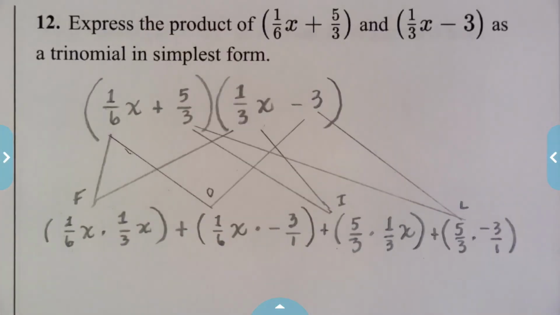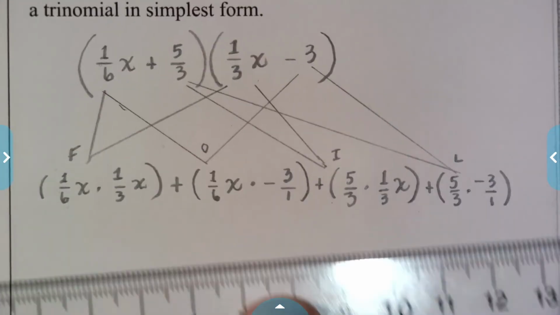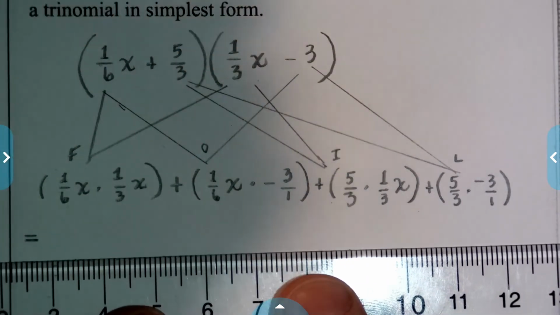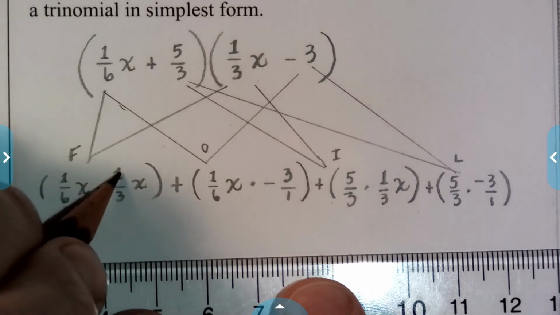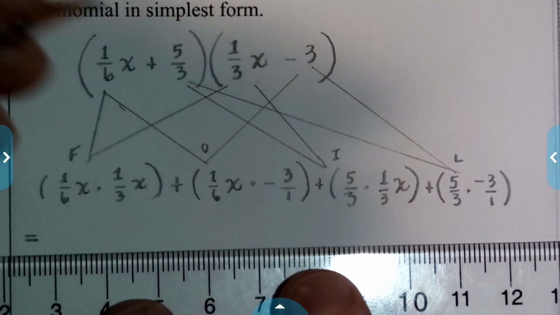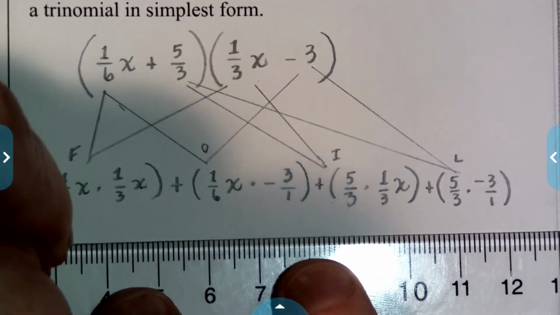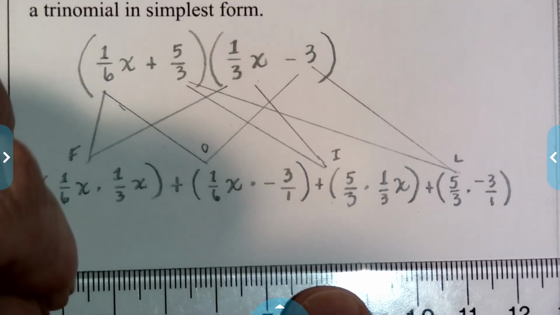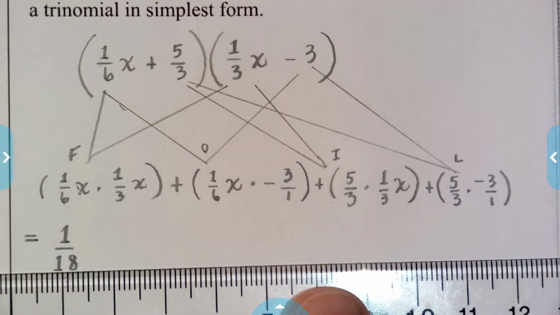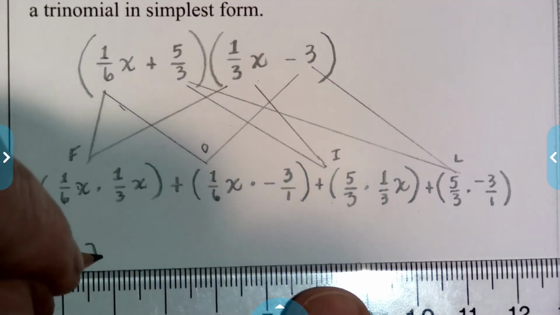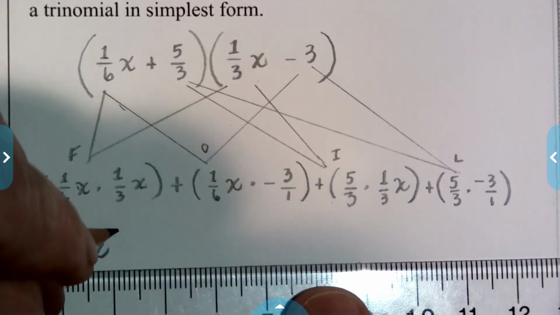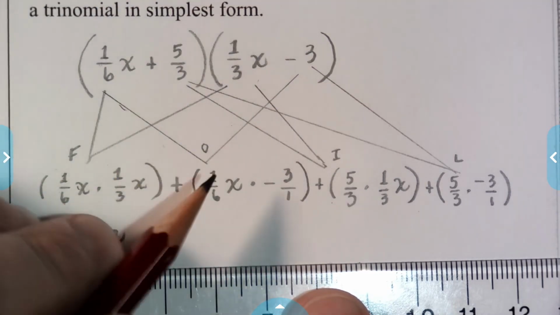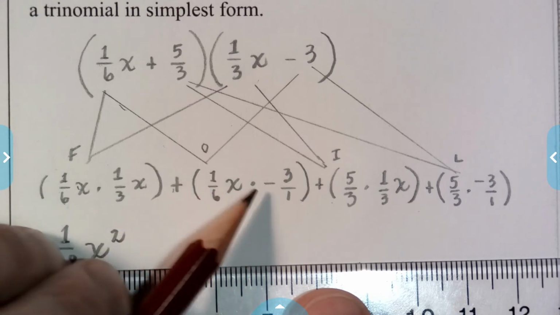Okay, so now we can simplify this. This is going to simplify a lot. Not in the first one, though. So in the first one, I have 1 times 1 over 6 times 3. So that's 1/18. And then x times x is x squared. And then I have, this is going to become a negative.